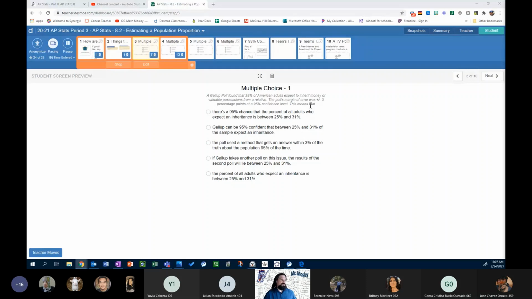Right, if we're looking at multiple choice question 1, the correct statement was that the poll used a method that gets an answer within 3% of the truth about the population 95% of the time. Okay, that would be the correct meaning of the margin of error and confidence interval in this context.